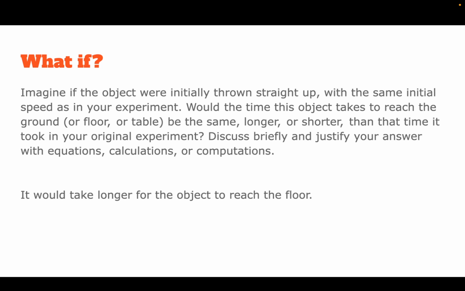But if you start the y value positive, that means that gravity would have to overtake the y value and velocity, meaning that it would take longer to reach the ground, because the velocity y value would start positive, and gravity would have to cancel that out, which means that it would take longer to reach the floor.